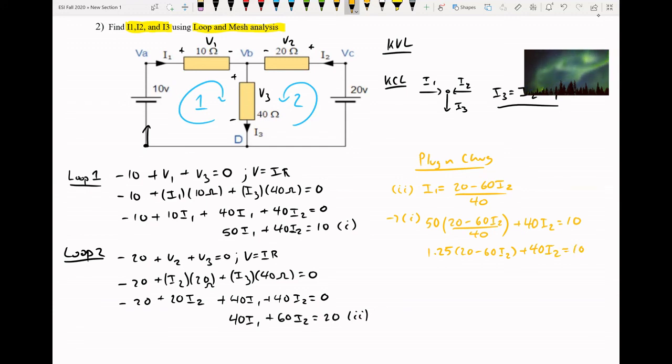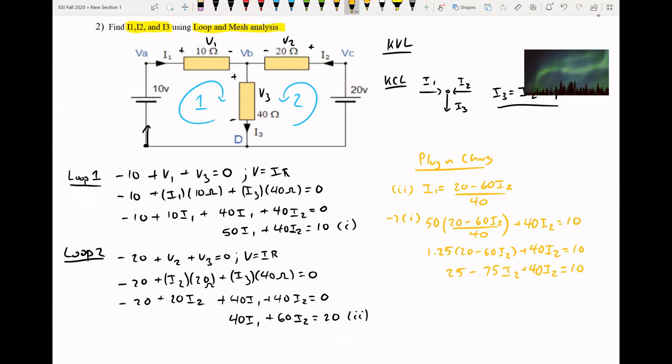So this will give us 25. This will give us 75 I2 plus 40 I2, 10.